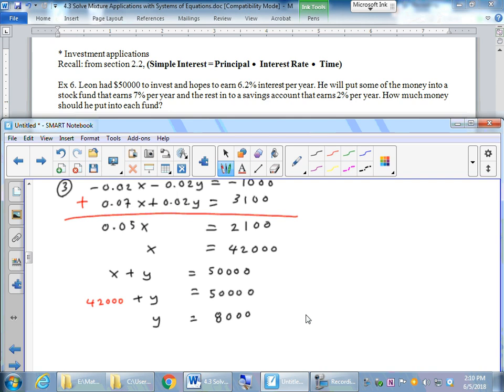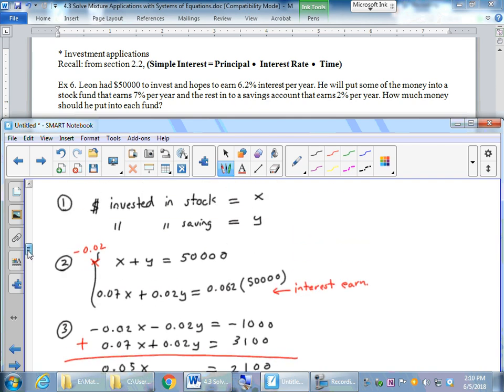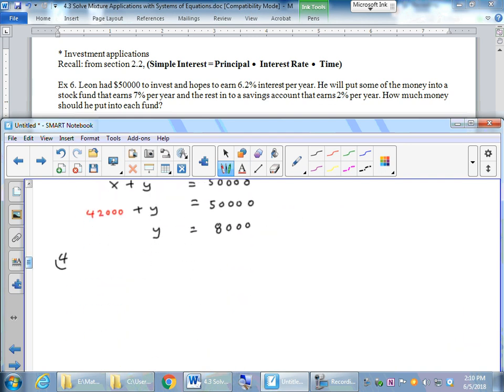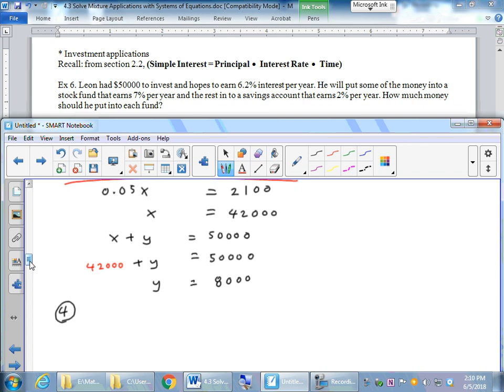So that allows us to do the interpretation, right? X is representing the investment in stock, Y is representing the savings. So step 4, I can say that he invested $42,000 in stocks and $8,000 in savings to earn that interest.